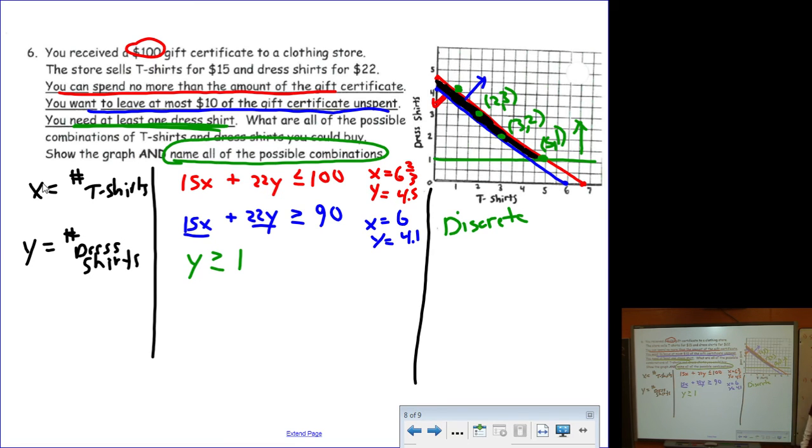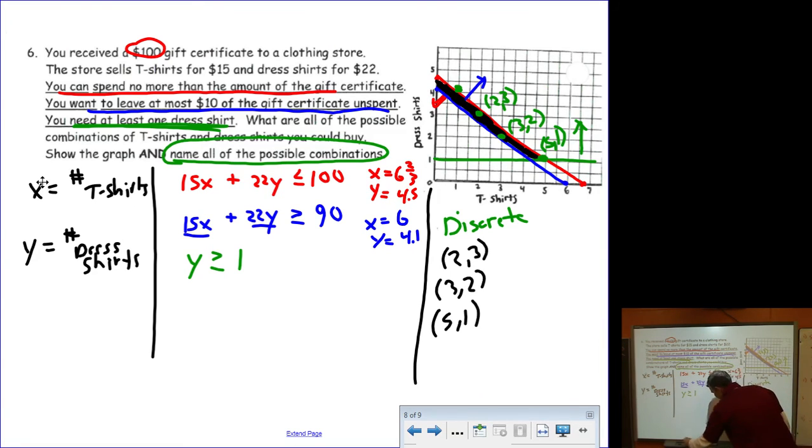So I actually end up with 3 ordered pairs that are in the black area if you did this really neatly. And those points are (2, 3), (3, 2), and (5, 1). So there are 3 possible combinations of shirts that I could buy.